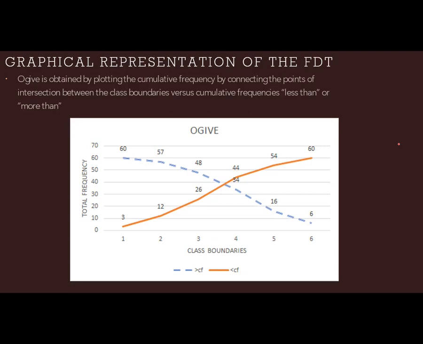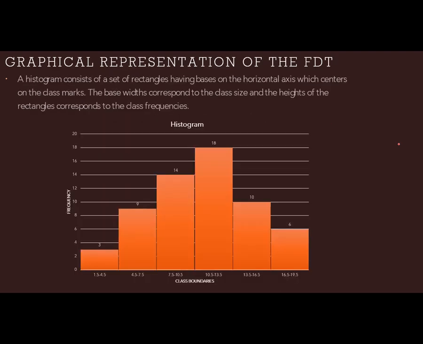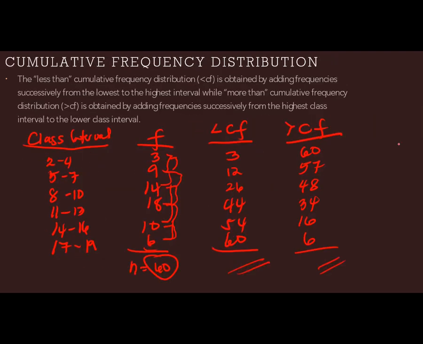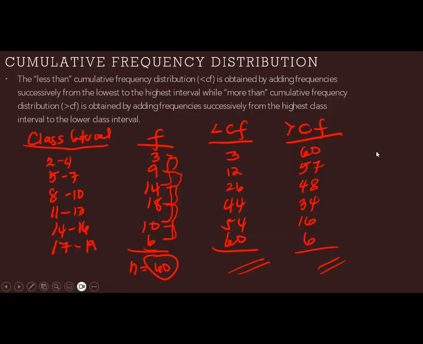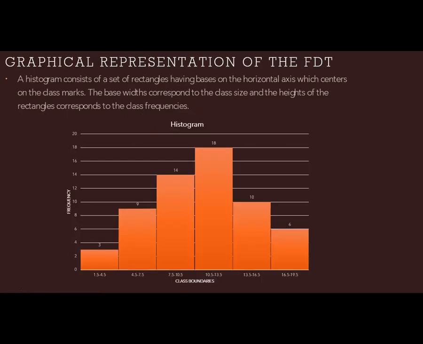Before we end up this meeting, let me show you how I actually make this graphical representation using Excel. So I just actually utilize the cumulative frequency distribution as well as the frequency distribution table. So I have to put this one in Excel. So these are the things.